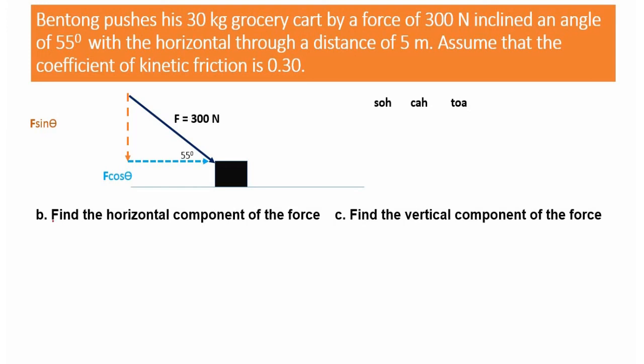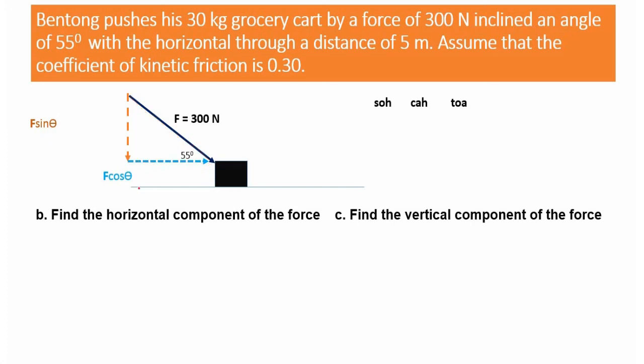So we proceed now to letter B, which is to find the horizontal component of the force. So this is the force. Okay, it's inclined at an angle of 55 degrees. We will look for the horizontal component. Okay, so this is the horizontal component.